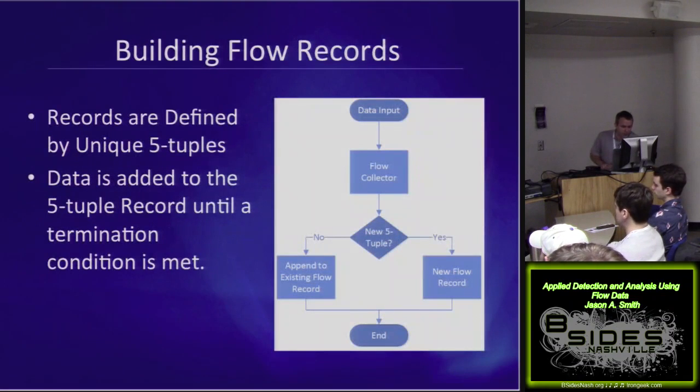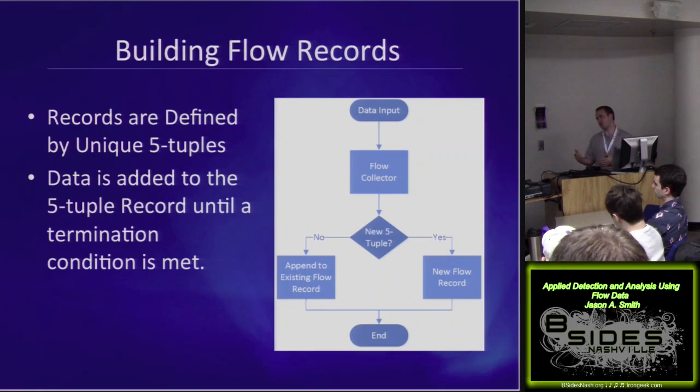So flow records themselves, you can create flows from PCAPs directly. If you have a large PCAP repository, say a lot of malware with traffic captures from those, you can churn those through several flow solutions, but most commonly it's off the network directly. You'll have a software solution pointed directly at an interface, and it's going to draw all that in.